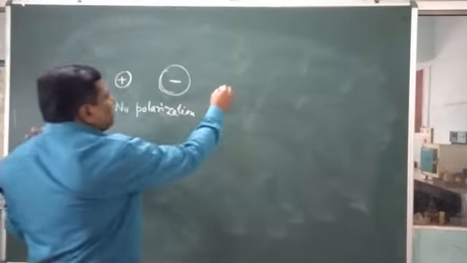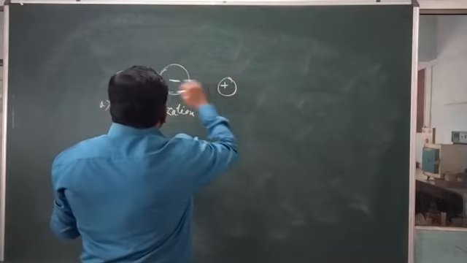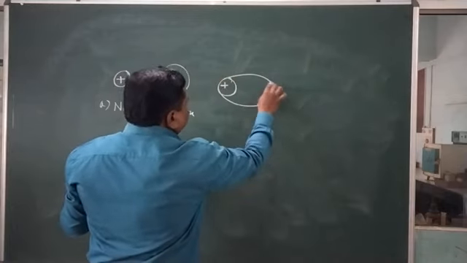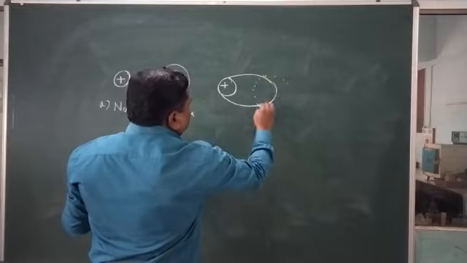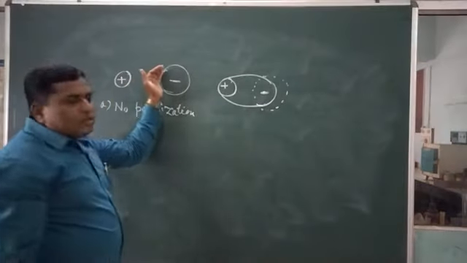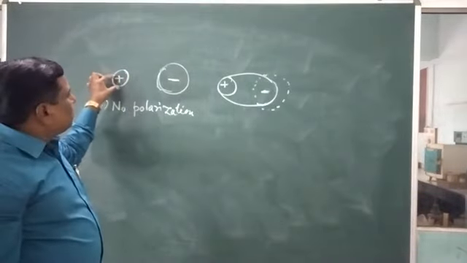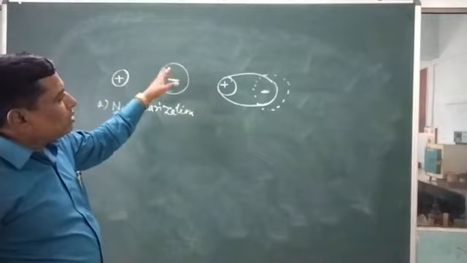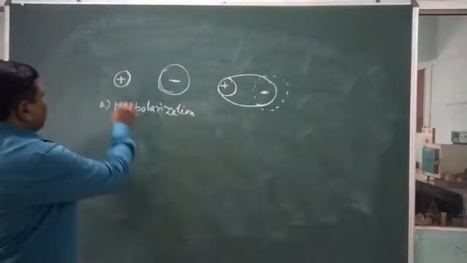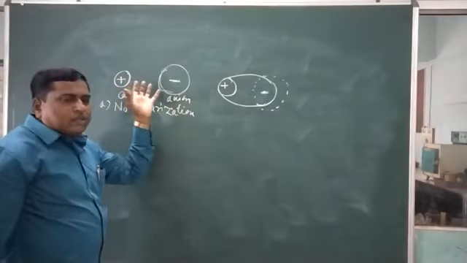Now in the second step, the cation possesses small size and attaches to the anion. The negatively charged electrons of the anion are attracted towards the positively charged cation, and the nucleus, which is positive, remains in a repelled condition. Both are attracted together.